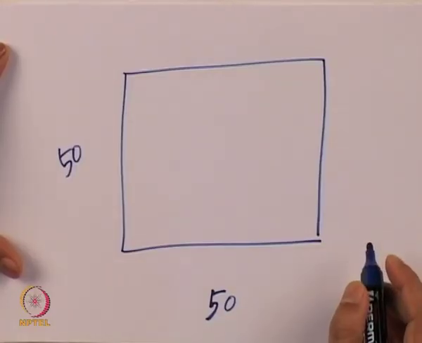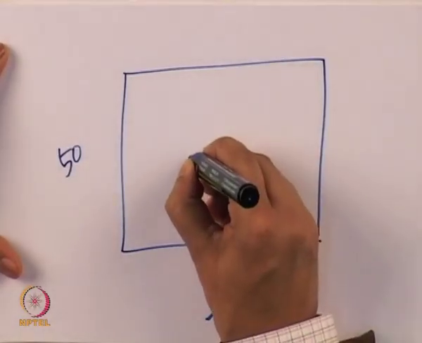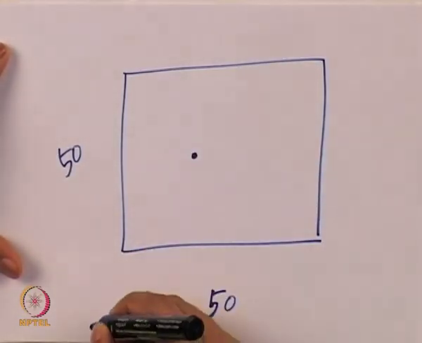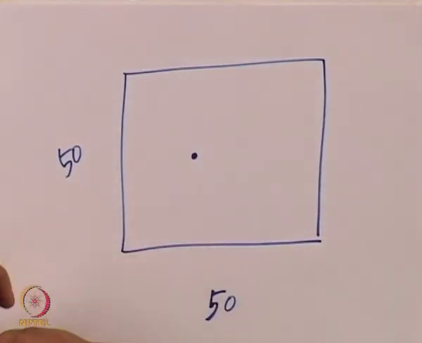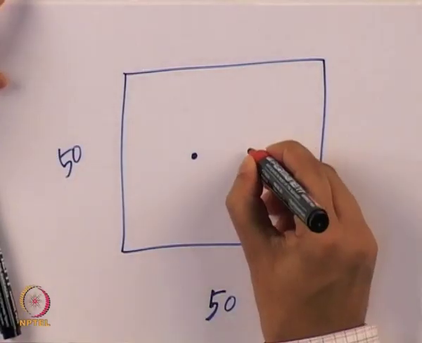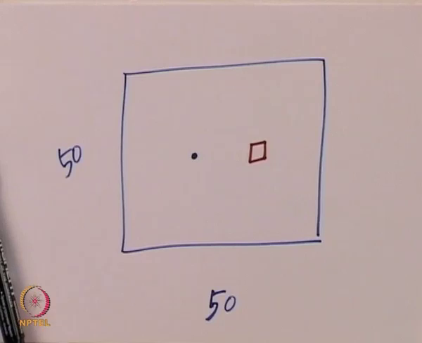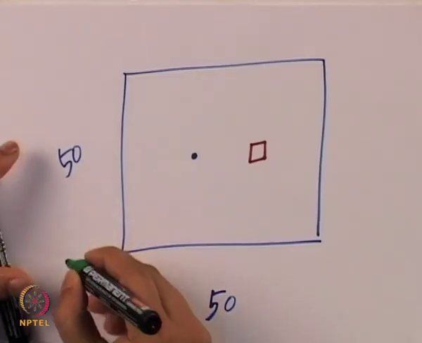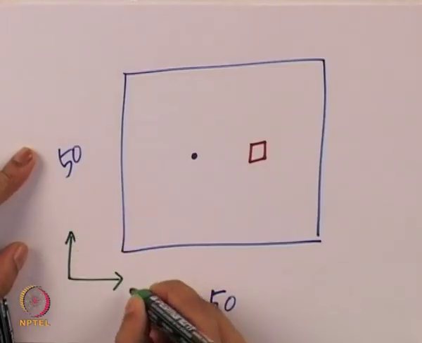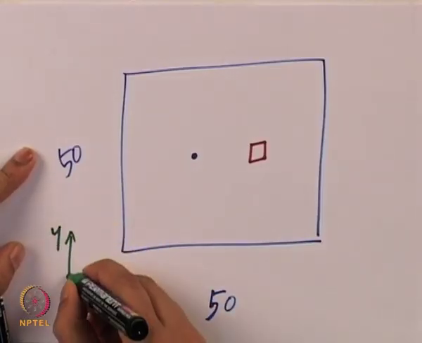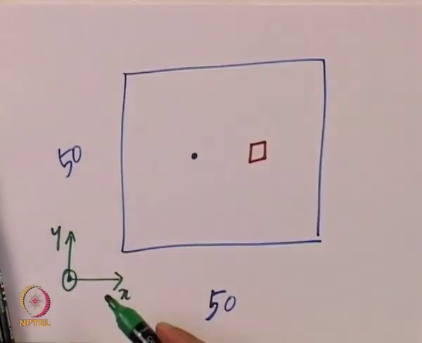Let's say it's going to be 50 by 50, and I have a point source which is located here, and I have got a scatterer which we have modeled as a small square as well. It's going to be a perfect electric conductor, and now we are going to truncate this particular domain using uniaxial PML that are both X and Y oriented. So if you assume this is the X and this is the Y axis, and the Z is coming out of this paper.